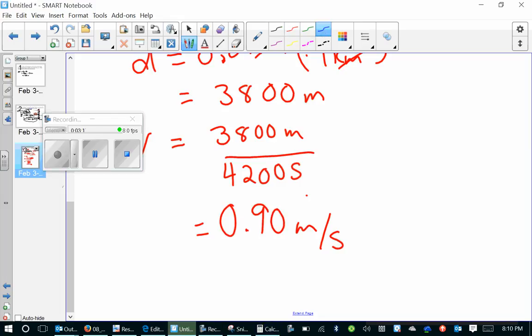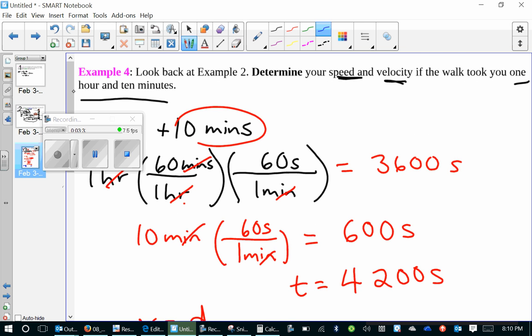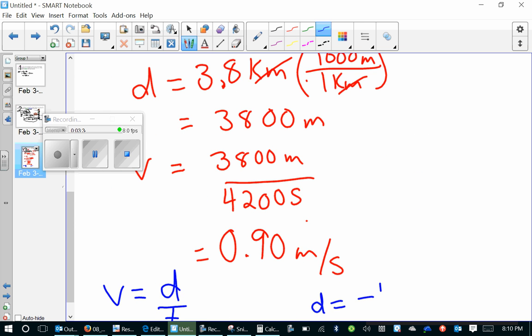Now for velocity. Velocity is displacement over time. Okay, so we had said that displacement from question 2 was negative 1.2 kilometers. That's how we showed it was south. So negative 1.2 kilometers.